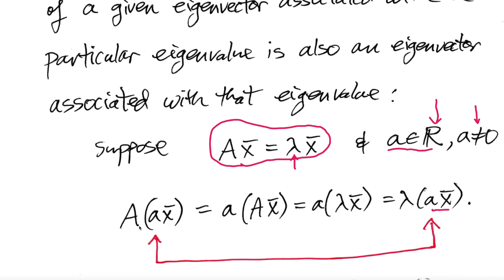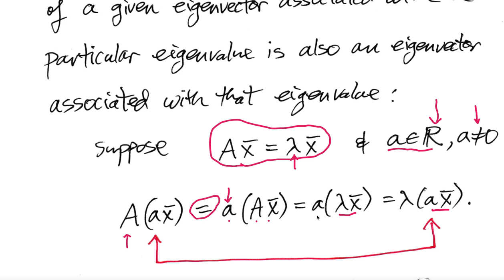To prove that, let's take cap A times little a x bar. So I'm multiplying these two together. Because little a is just a scalar, you know from multiplying matrices that I could bring that scalar a right outside this product. So I've got little a times cap A x bar. These two are equal, no problem. But wait a minute, cap A times x bar is supposed to be lambda x bar, because of the equation above.